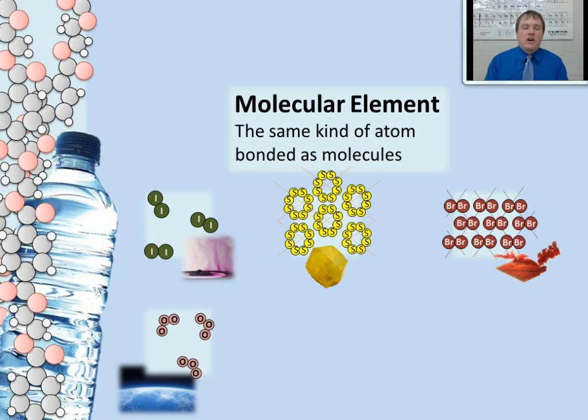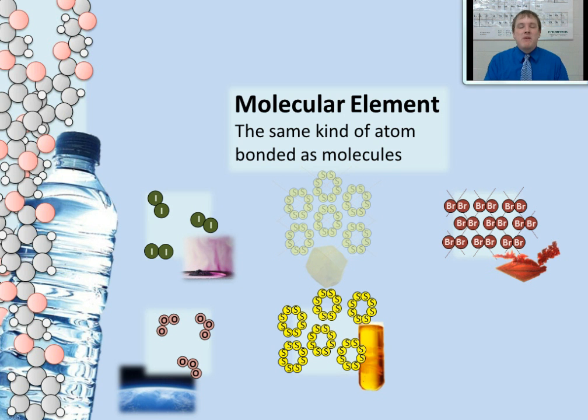In the case of sulfur, I have to apply enough heat using a fire to melt sulfur to a liquid. Then the crystal lattice will let go of the atoms and they'll be able to slide past one another, making it a liquid substance, but also making it a molecular element because the sulfur molecules are now no longer connected by that crystal lattice.